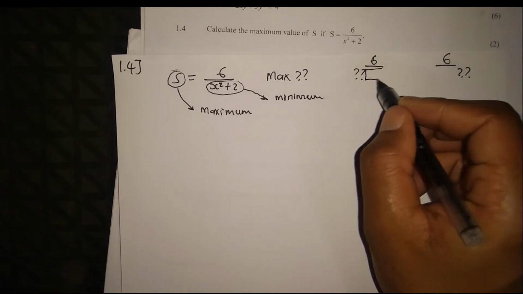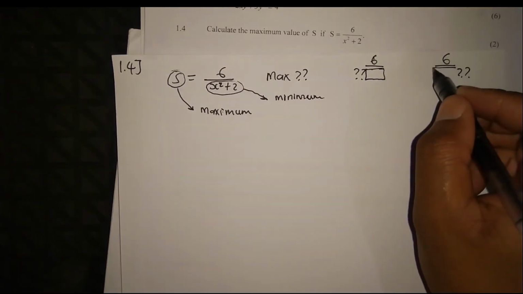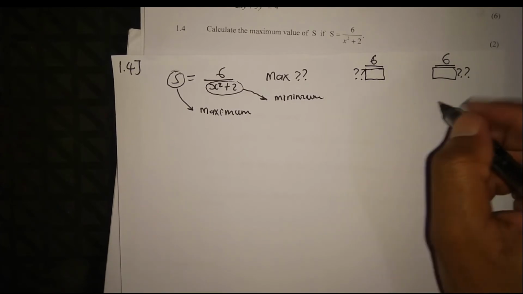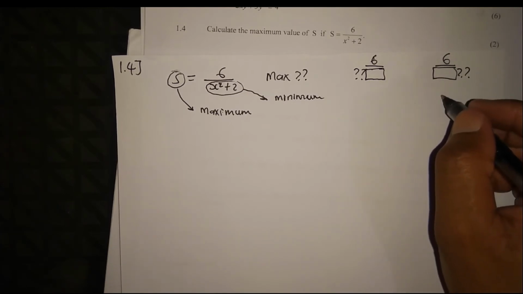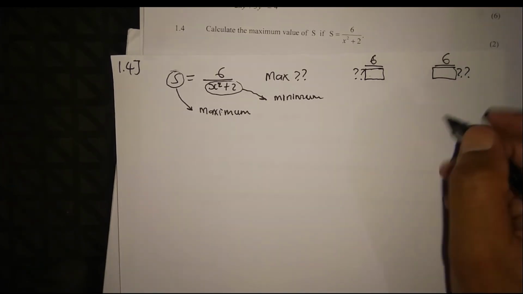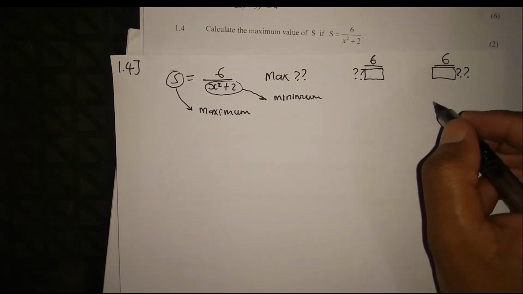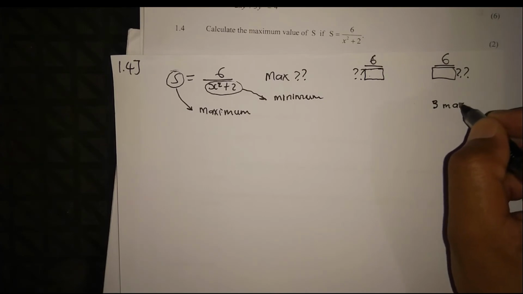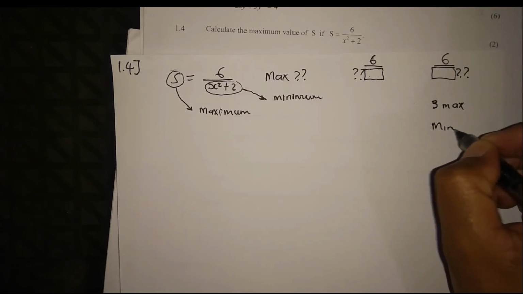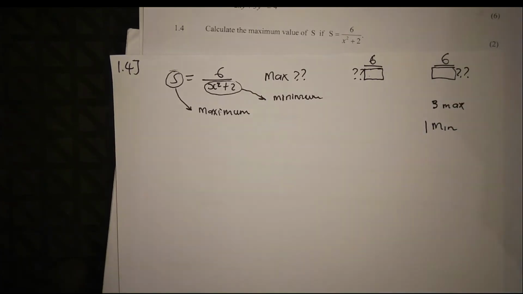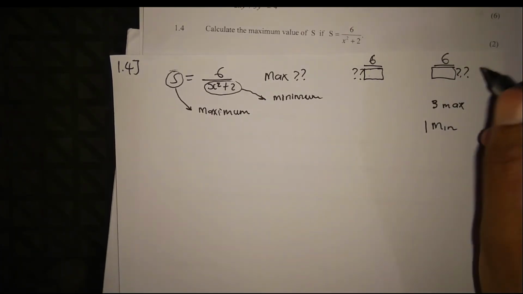There's going to be an expression here, or rather a value, and that value has a maximum of, say, 3, and then I tell you its minimum value is 1, you see, it's 1.